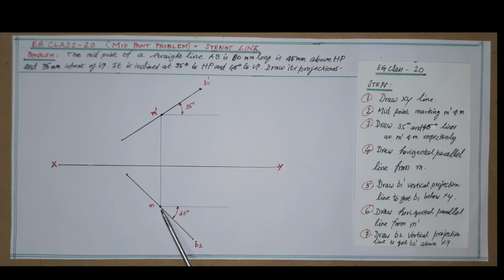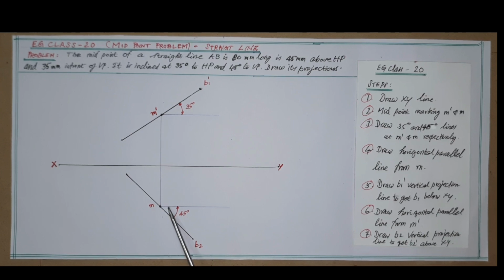As per step 2, mark it as M dash at 45 millimeter above HP, that is above XY. Similarly, at 35 millimeter below VP, that is below XY, mark it as M.